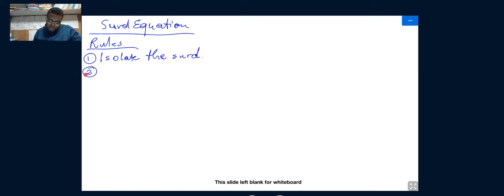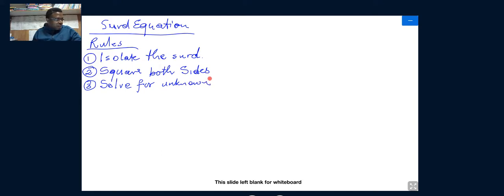Rule number 2, we square both sides. Three, we solve for x. Three steps. Here is an example.